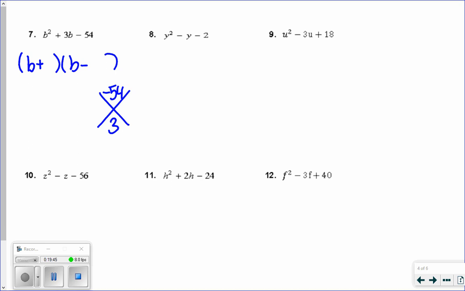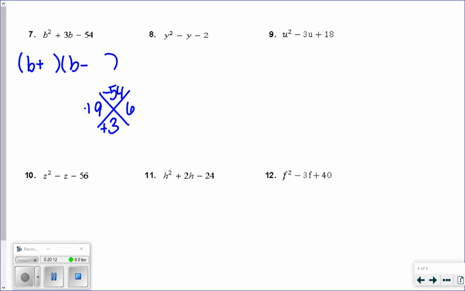What are two factors of 54 that have a difference of 3? After a little bit, you hopefully will come up with 9 and 6. I know 9 and 6 multiply to 54, but when I find the difference between them, they have a difference of 3. And then the next thing you have to be super careful about is who should have the positive and the negative, because it makes a difference. The resulting 3 was positive.